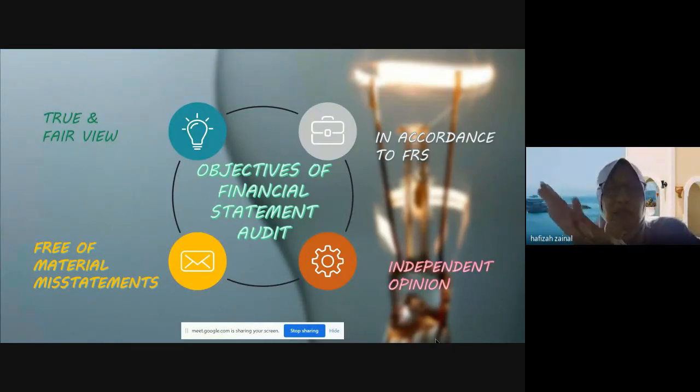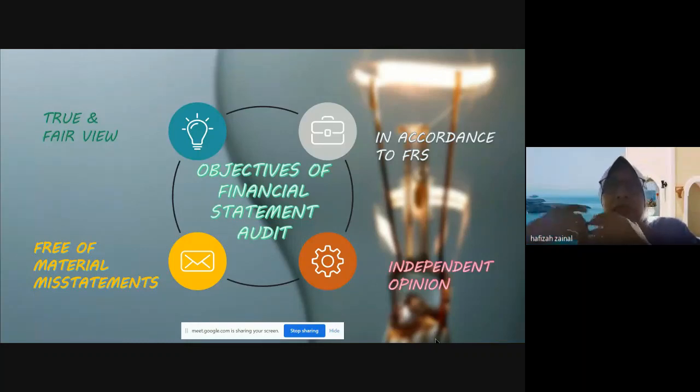All right, the second one is that we want to ensure that it is free of material misstatement. We are trying to look at misstatements that have a material impact. Because when we do our work, we might come across misstatements or errors that have been made by the clients.